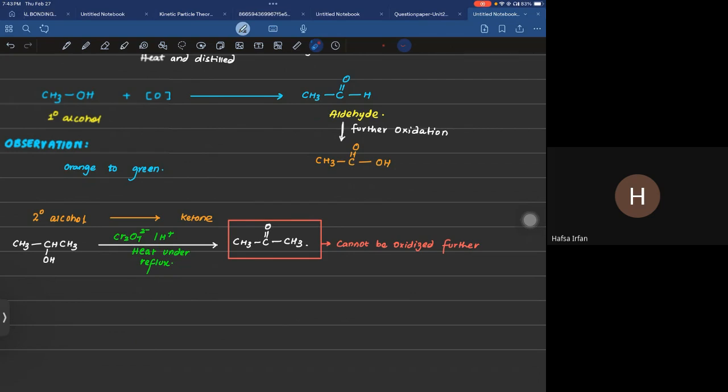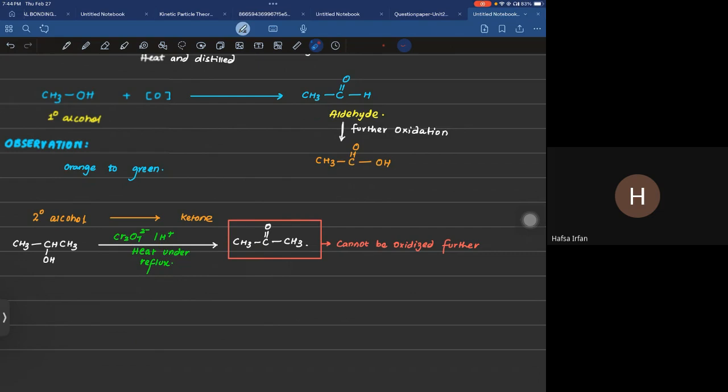Oxidation means addition of oxygen or removal of hydrogen. There is no hydrogen to remove. So ultimately, I can say that it cannot be oxidized further.